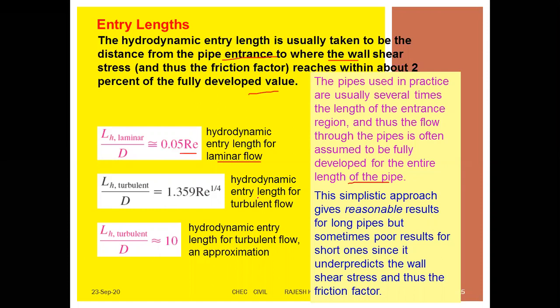The hydrodynamic entry length for turbulent flow, LH turbulent divided by D, is equal to 1.359 Re to the power 1/4. Next, for an approximation, the hydrodynamic entry length for turbulent flow is approximately up to the value of 10. So this will be used for solving problems. Okay.